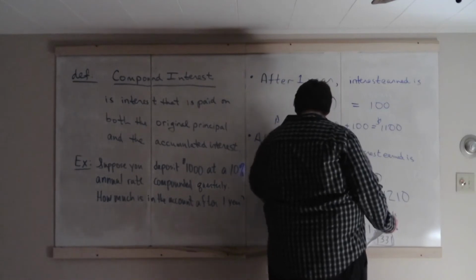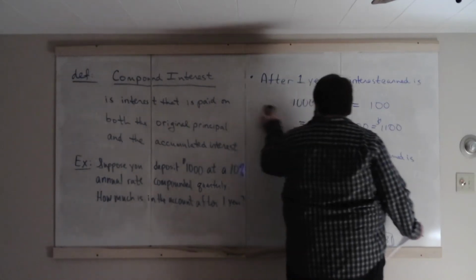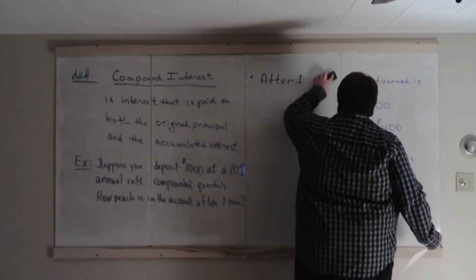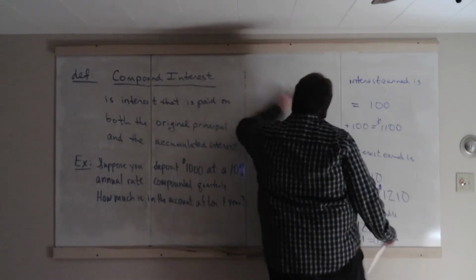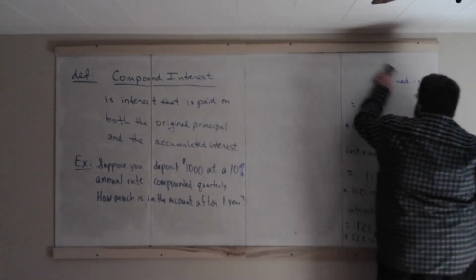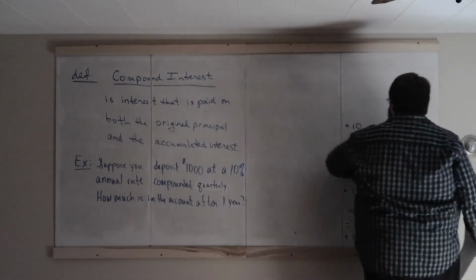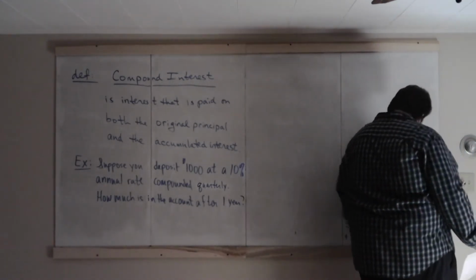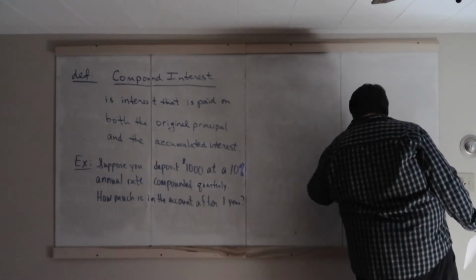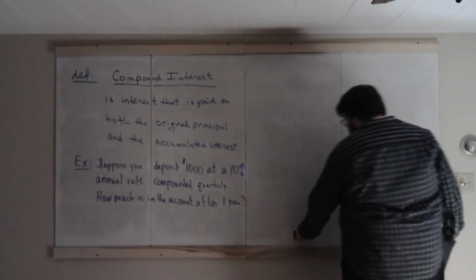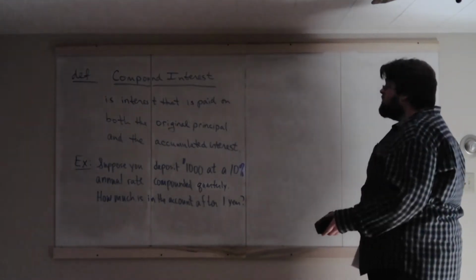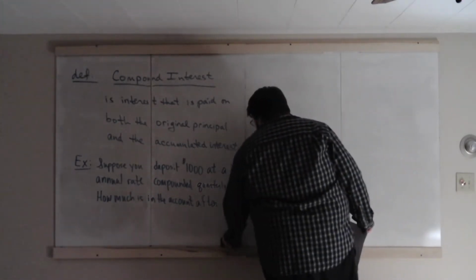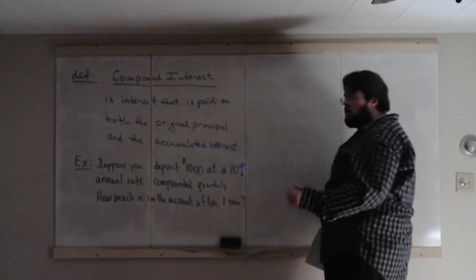So here, the interest is compounded quarterly. That means something. But then how much is in the account after a year? That's similar to what we're doing. So what we need to do first is interpret this compounding quarterly. Compounding quarterly just means that you're going to earn interest 4 times a year.